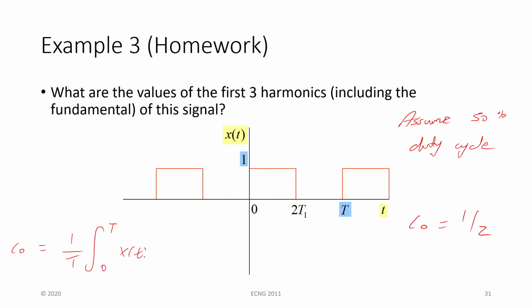Of x of t, and when we resolve this out accordingly, we get C0 is equal to 1 on T, in between 2t1 and 0, of 1 dt.